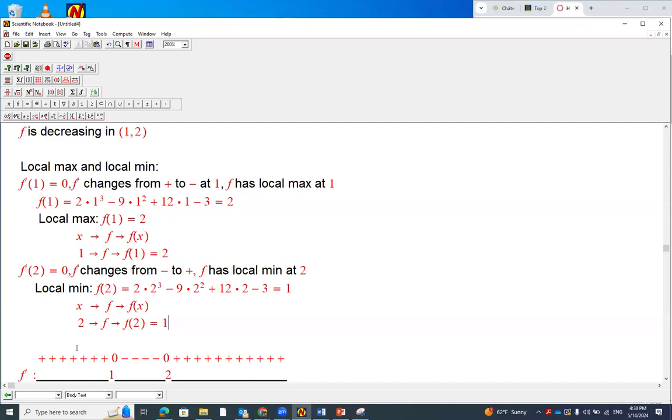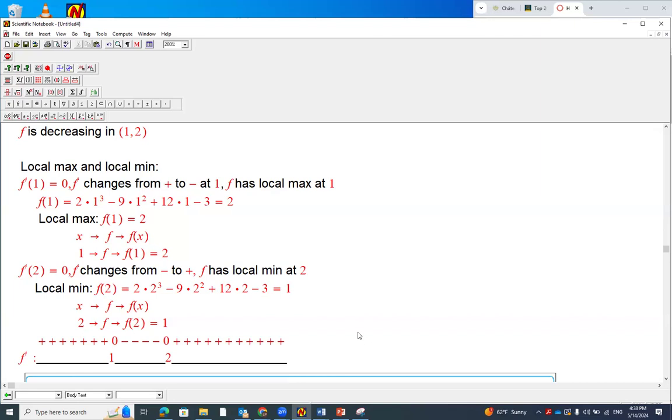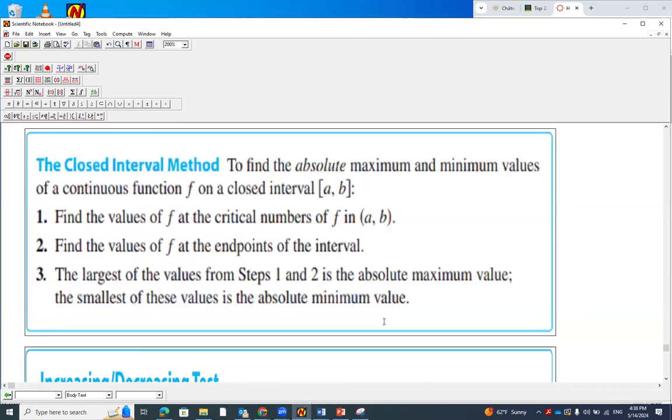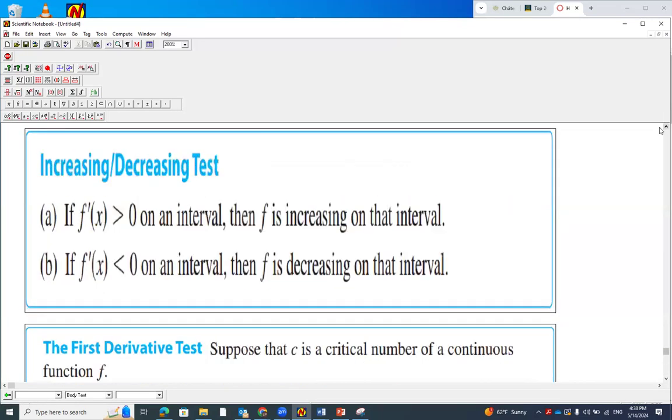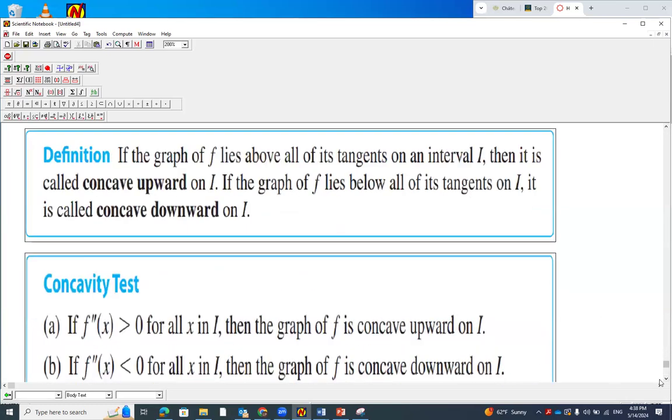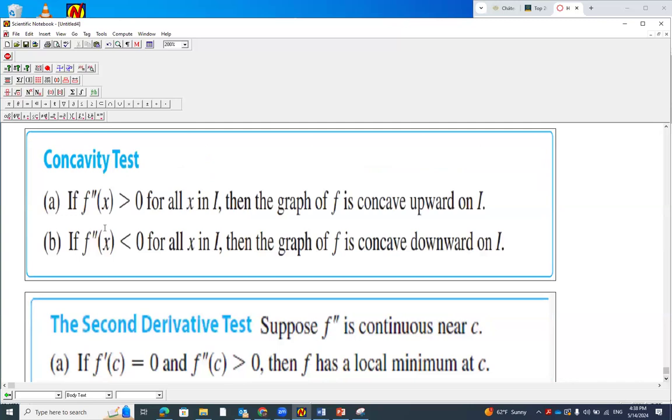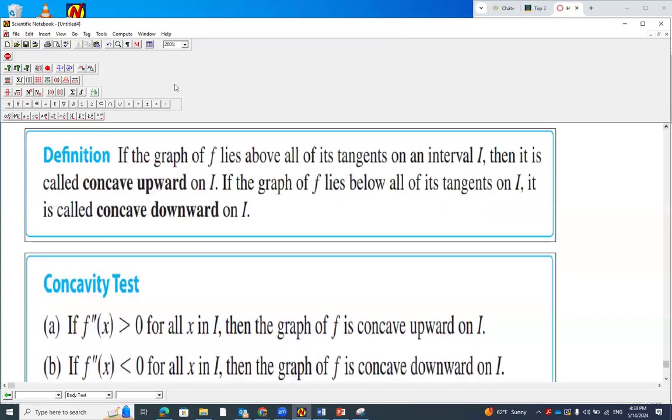So now, the next question is that we want to find the concavity. For concavity, we will need to take second order derivative to apply second concavity test, and also find inflection point, right? So we just did first derivative test. And next we're going to do concavity test.